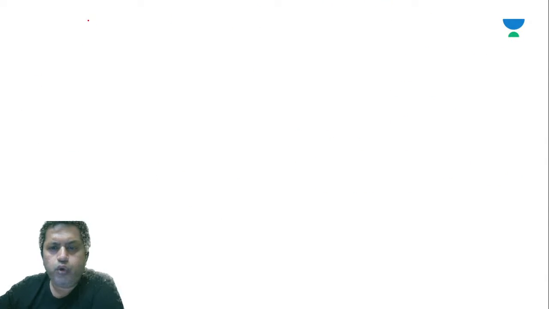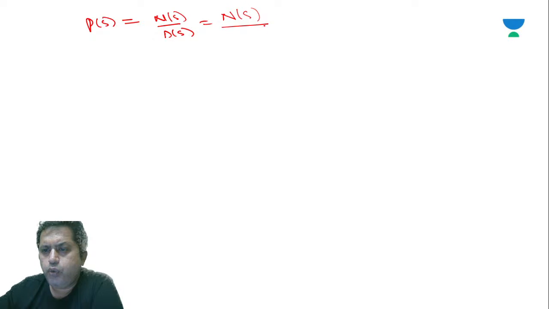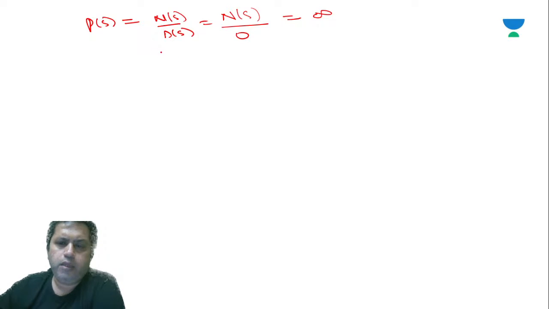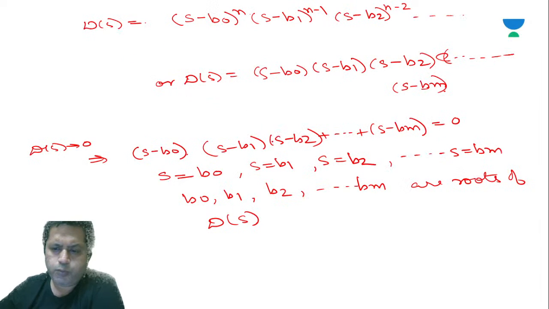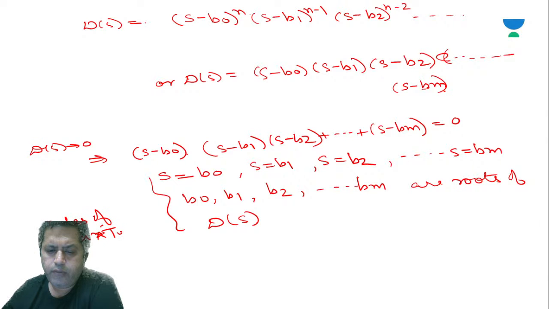The total polynomial P(s) is N(s) by D(s). If I put this value of s, the denominator term will become 0 and P(s) will become infinity. So these are called the poles of a transfer function.